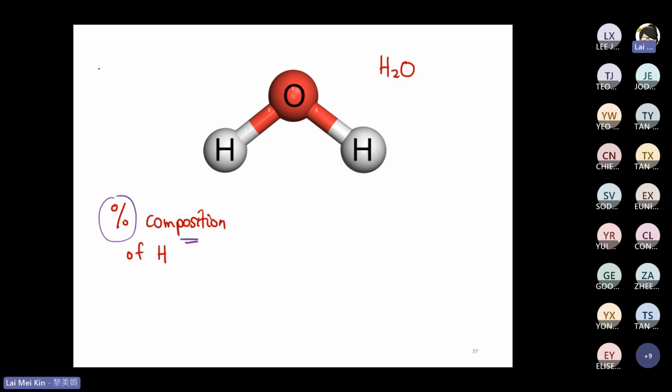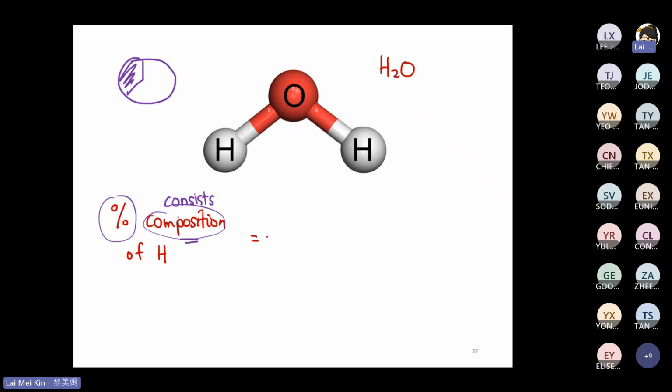Composition means I have a whole compound. How much of the compound consists of hydrogen? Because water is made up of oxygen and hydrogen. I want to know the composition. How much is hydrogen? That is the percentage. This is what we call percentage composition of hydrogen.